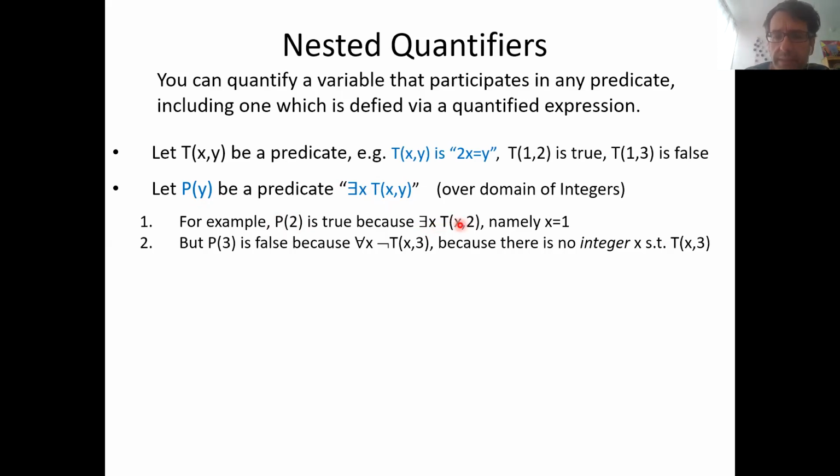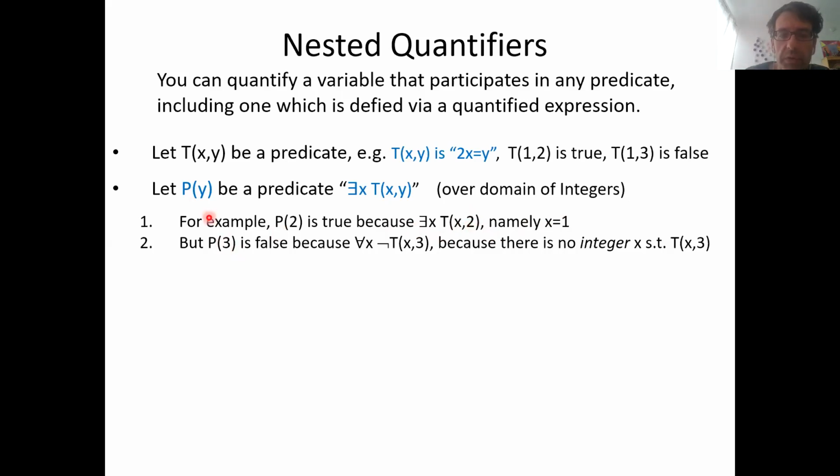In other words, this statement says that 2 is a double of x, that there exists an integer such that 2 is its double. Is this statement true? Yes, there is indeed such an integer. It's 1. It's a unique integer, but it exists, and therefore this statement is true.